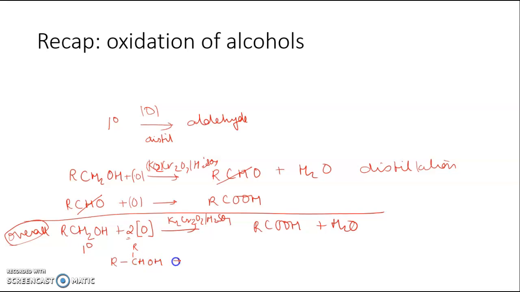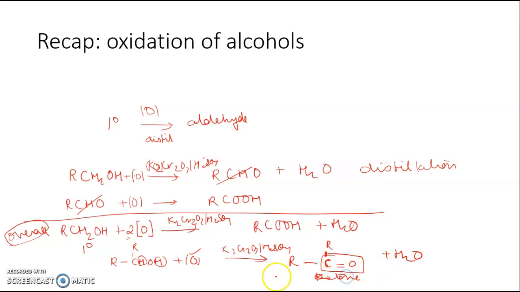For a 2-degree alcohol, you would put K2Cr2O7 in presence of H2SO4, H and O removed. So now you are left with R2C double bond O. The carbon, the C double bond O, is attached to no hydrogen, therefore this is your ketonic functional group, and the name ends with the -one.